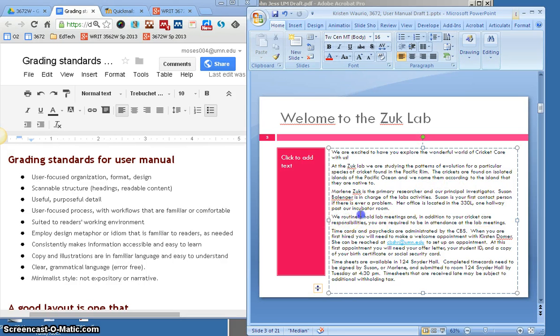We routinely hold lab meetings, and in addition to your cricket care responsibilities, you are required. So it's a team orientation. There's a tone here of team building, of belonging in the piece that makes this tone appropriate.